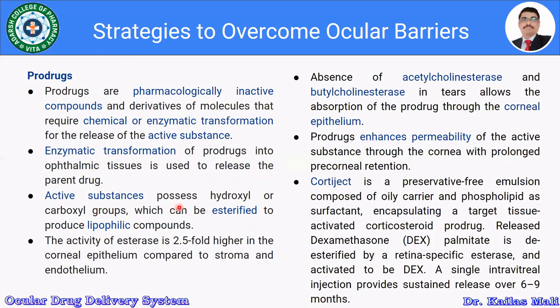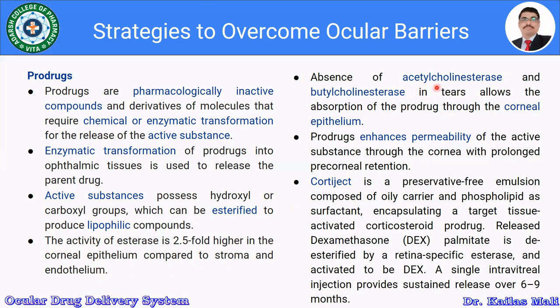The active substances possess a hydroxyl or carboxyl group, which can be esterified to produce a lipophilic compound. For example, the activity of esterase is 2.5-fold higher in the corneal epithelium compared to the stroma and the endothelium, which is furthermore utilized to deliver the prodrugs into the cornea.